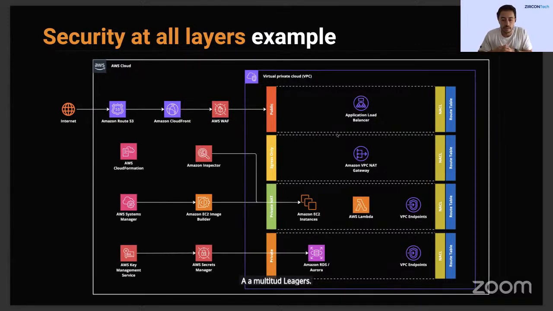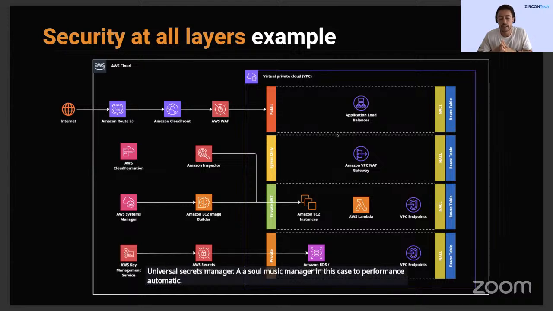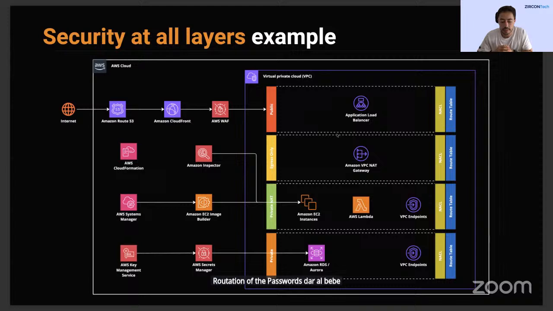And this becomes now a bit more complex. So as we move forward with the example, we can make use of some additional security-related services. If you look towards the left and the bottom side of the diagram, you can see Secrets Manager there. So using Secrets Manager, in this case, to perform automatic rotation of the passwords that are being used for RDS.